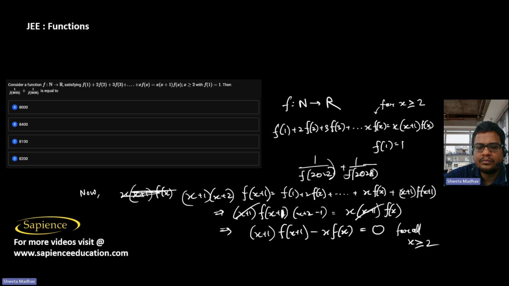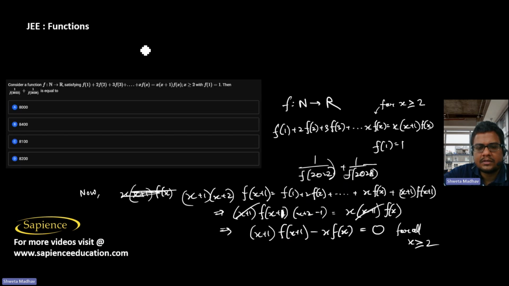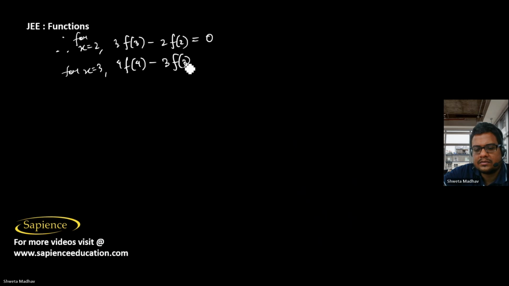So now if I put x equal to 2, then we will get 3 f(3) minus 2 f(2) equal to 0. And for x equal to 3, if we put, then we will get 4 f(4) minus 3 f(3) equal to 0.